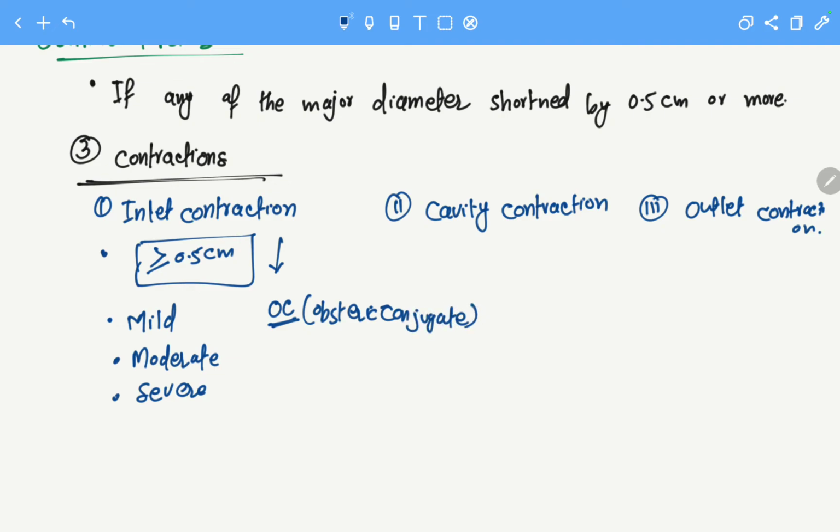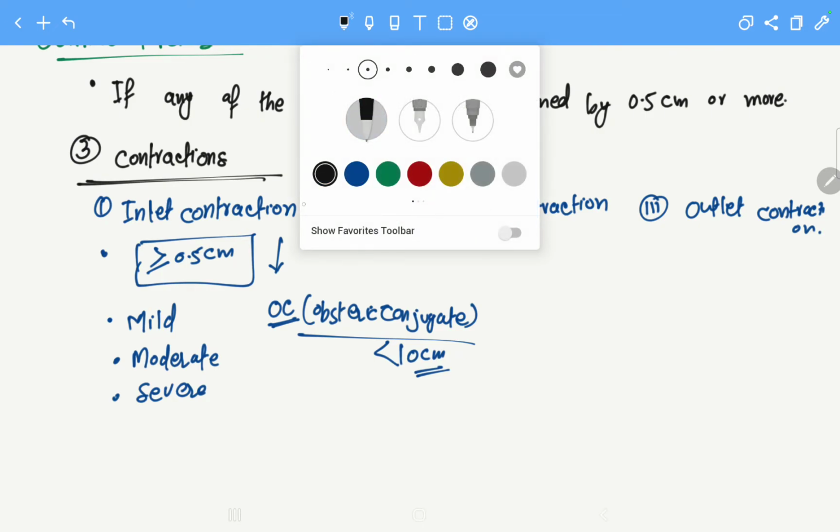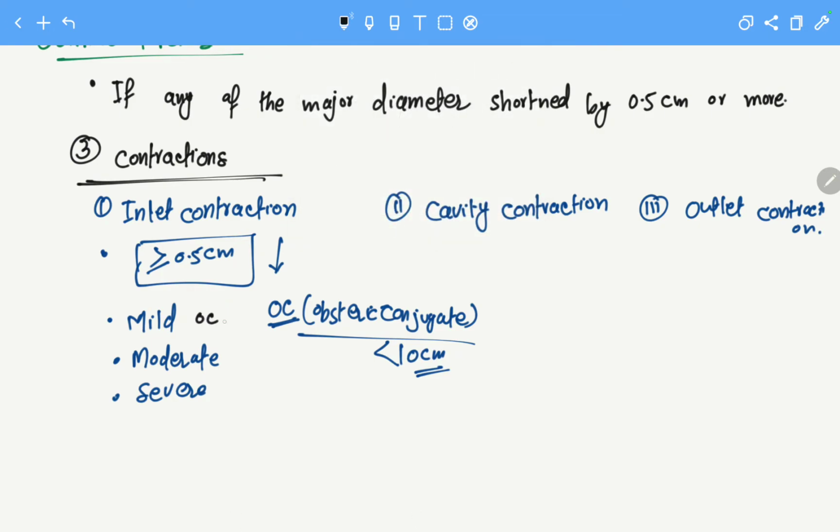Obstructive conjugate, right? अगर आपका ऑब्स्ट्रक्टिव कंजुगेट 10 सेंटीमीटर से कम होगा तो आप समझ जाइएगा कि ये इनलेट कॉन्ट्रैक्शन है. अगर माइल्ड की बात करें तो ये ऑब्स्ट्रक्टिव कंजुगेट जो है आपका 10 सेंटीमीटर से कम होगा तो माइल्ड हो जाएगा. अगर मॉडरेट की बात करें तो ऑब्स्ट्रक्टिव कंजुगेट आपका 7.5 से 9.5 सेंटीमीटर तक. अगर ये आपका 7.5 से भी कम हो गया तो that is the severe inlet contraction, right.